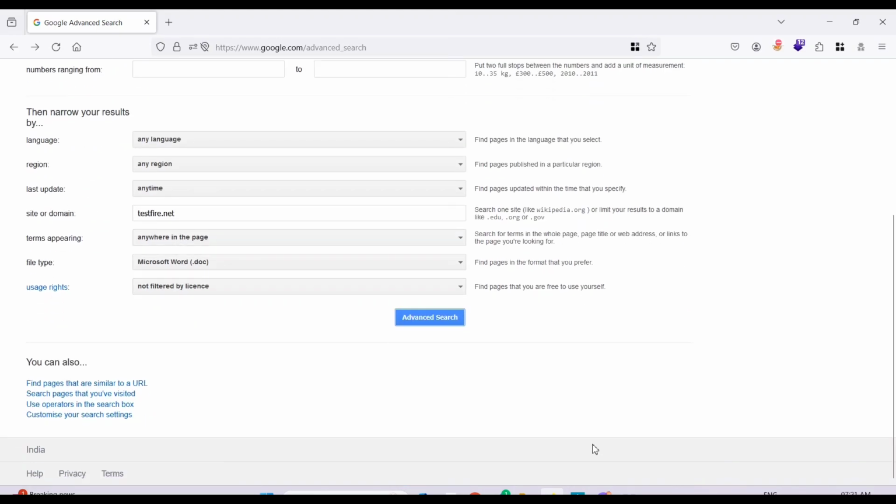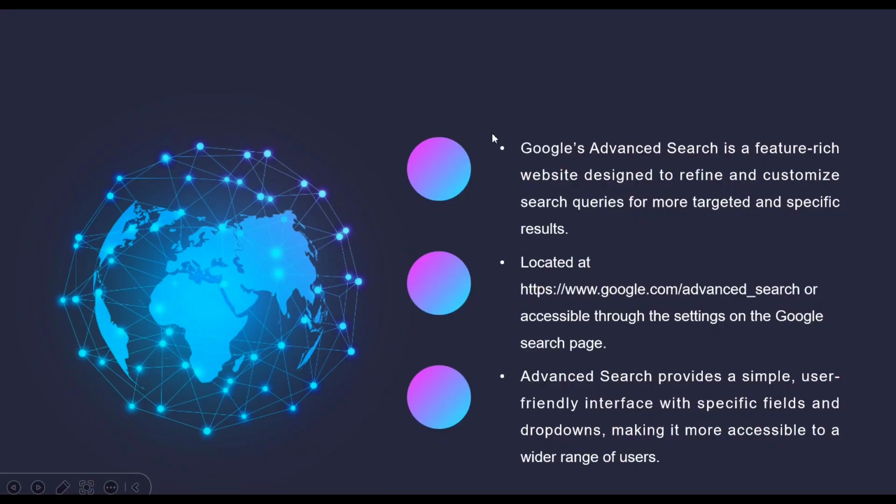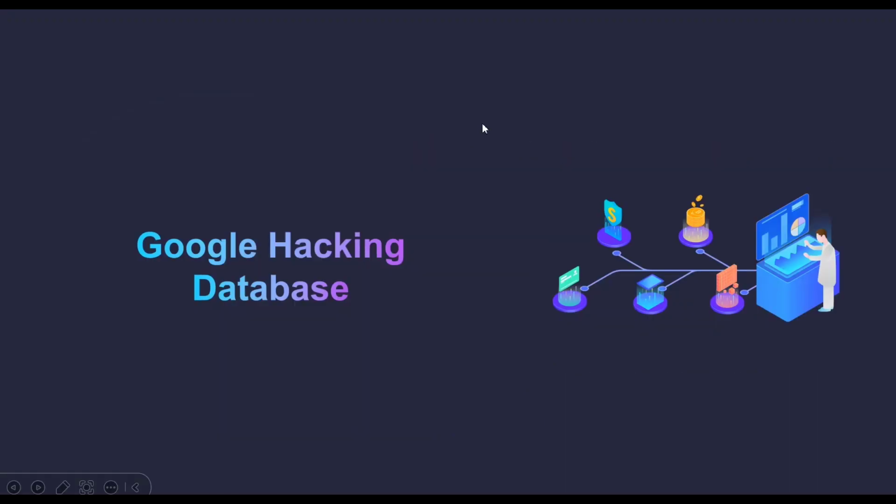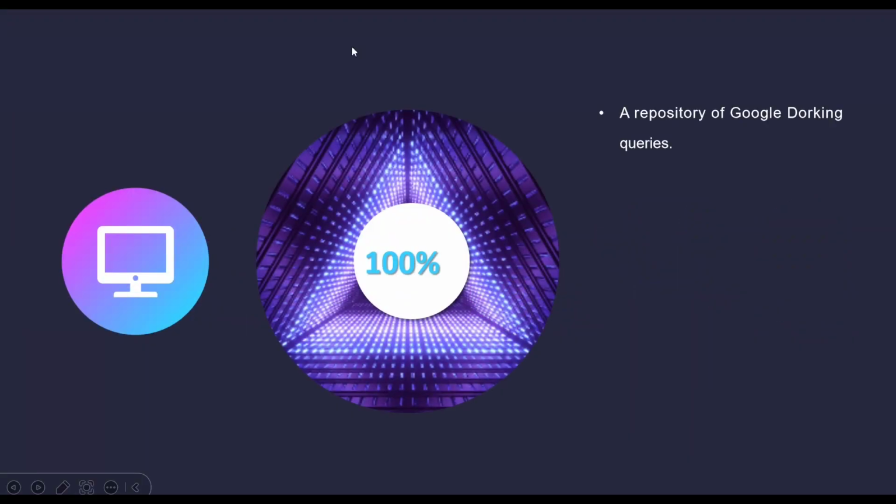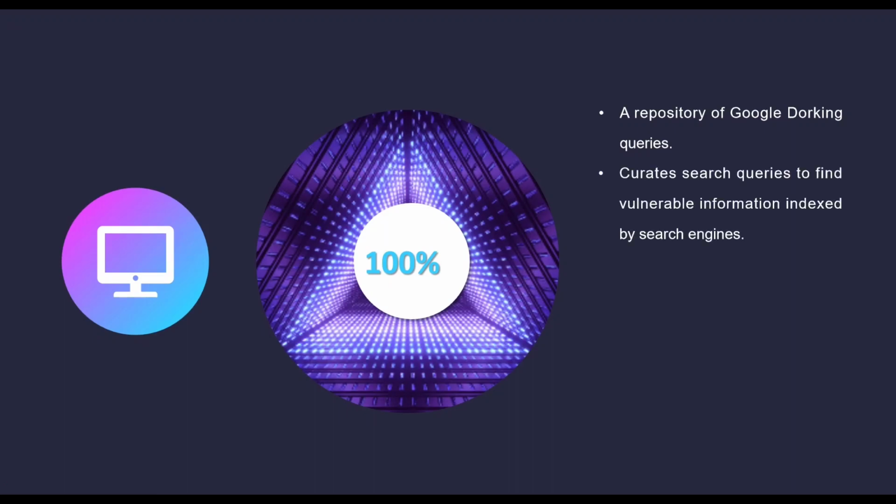Now let's move to the next slide, that is Google Hacking Database. Google Hacking Database is a repository of Google Docs that are created by ExploitDB. On this website, penetration testers, bug hunters, or hackers submit Google Docs that help them to find sensitive information.